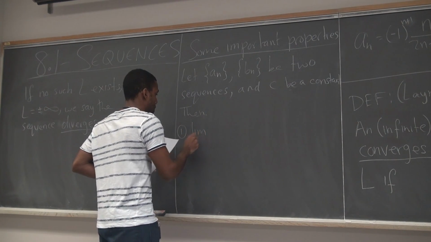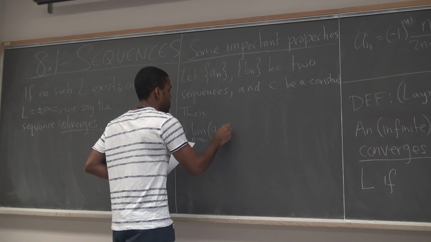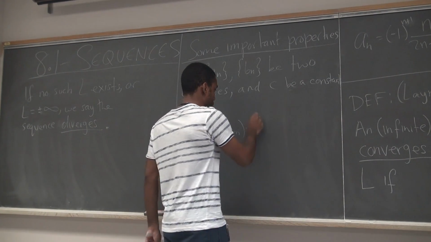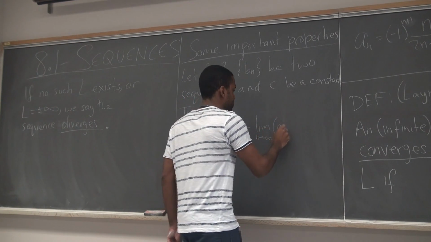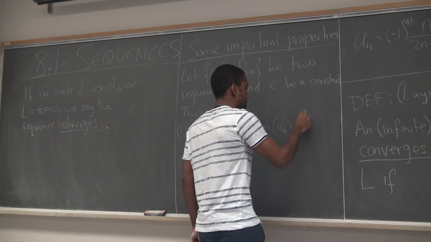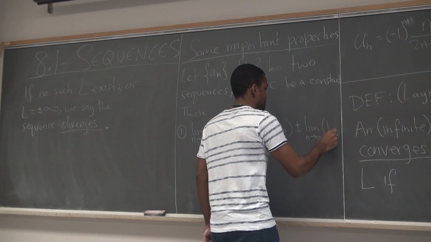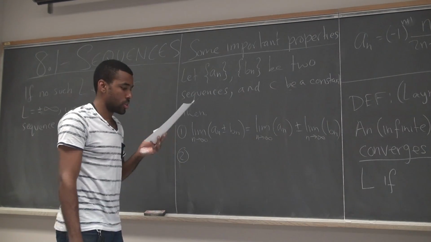The limit of a_n plus or minus b_n is equal to the sum or difference of the limits. Limits distribute across sums. We can factor out constants.